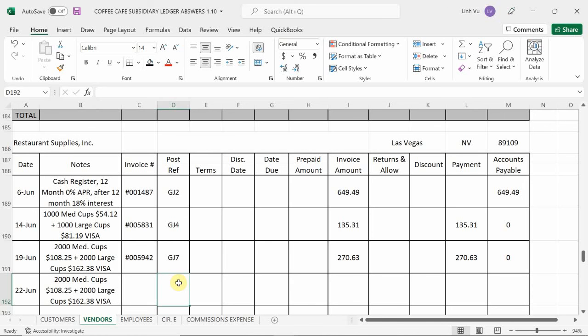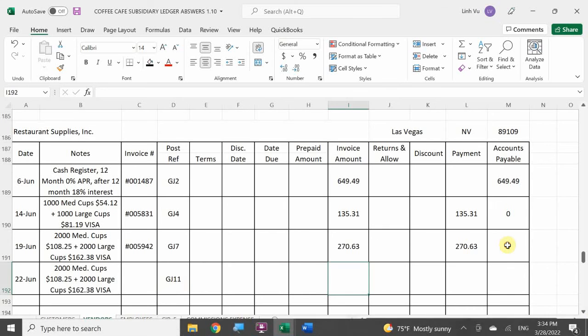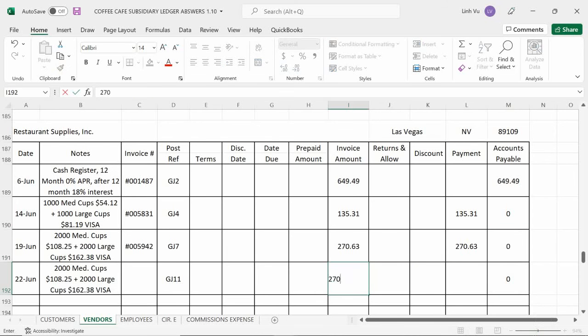Next one, General Journal 11, and what happened here? Invoice amount of 270.63.